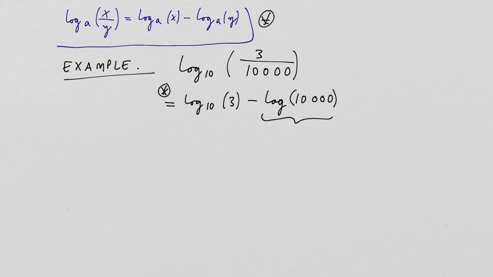The later logarithm here is a logarithm of 10 to power 4, and here base 10. Here we can cancel out the logarithm and the 10 to get 4. So we get -4 plus logarithm 10 of 3.